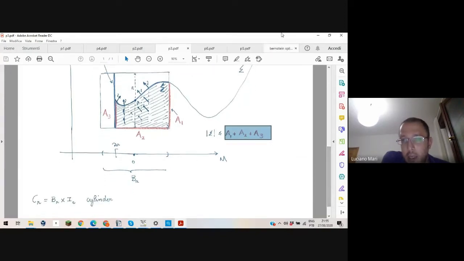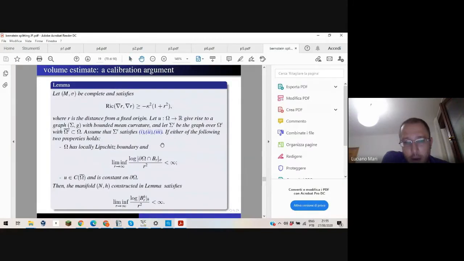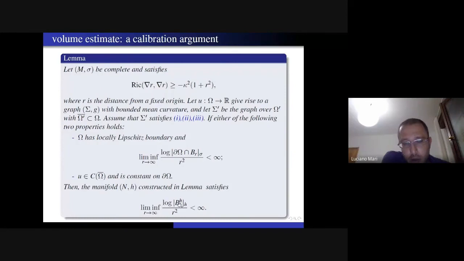That's why you get an estimate for the volume of H by a quadratic exponential, by the previous lemma and then a calibration argument.